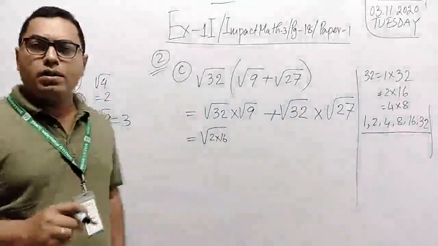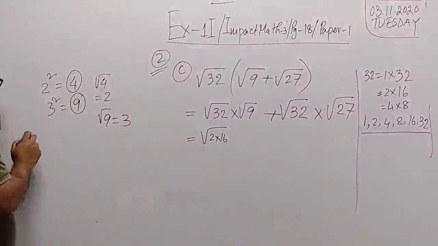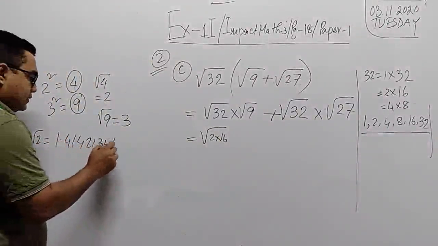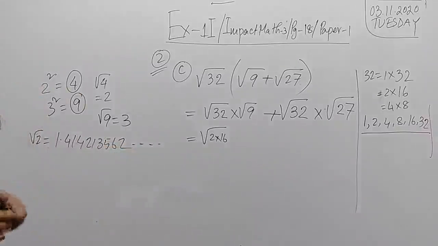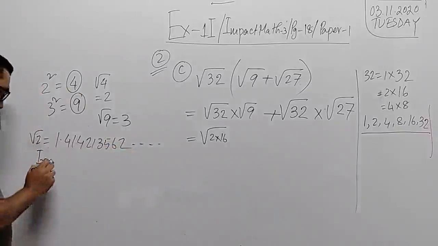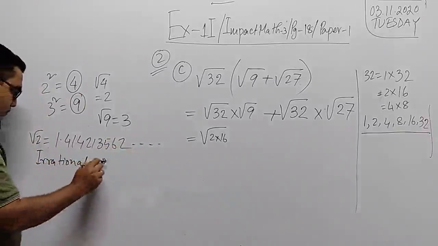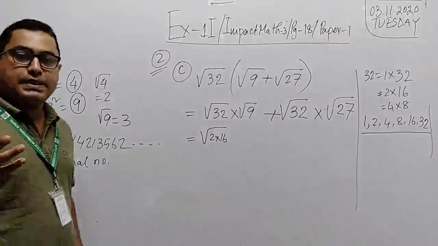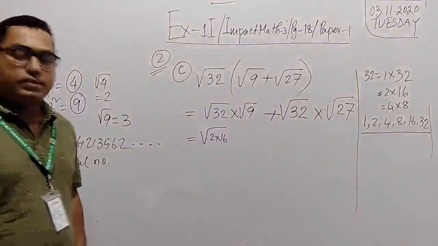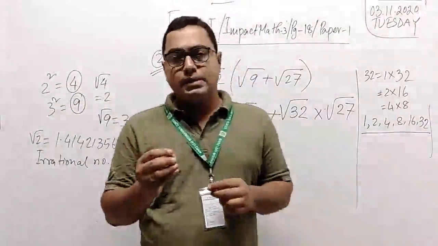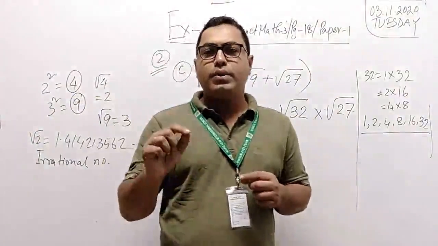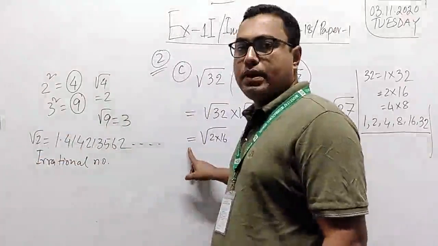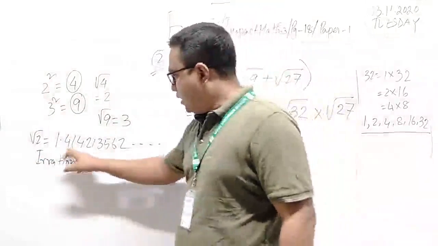So what is an irrational number? Maybe you know. Suppose the square root of 2, as I told you, is 1.41421356. An irrational number is a number with two properties. One, you cannot find the limit of the numbers after the decimal, and you will not get any repeating numbers.